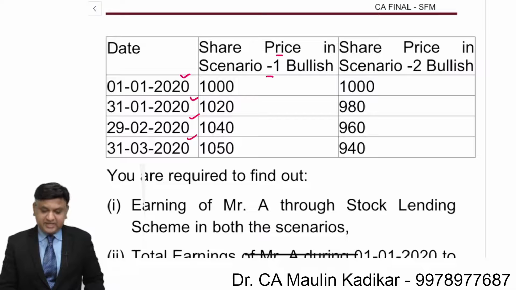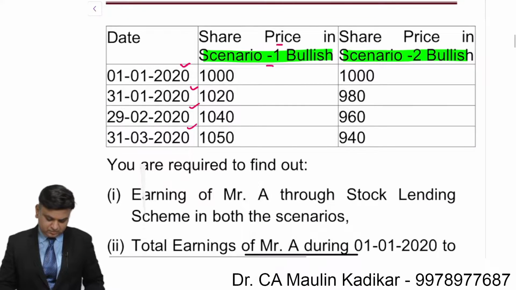Share price in scenario 1 is bullish, which means the price increases. Scenario 2 is bearish, where the prices are decreasing.